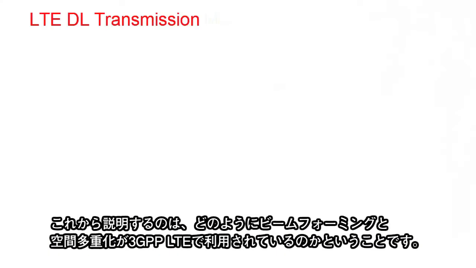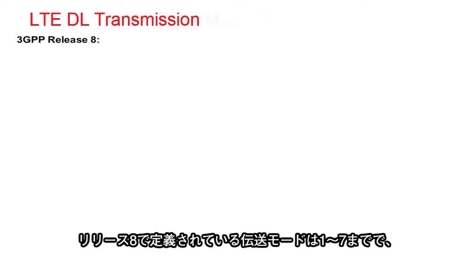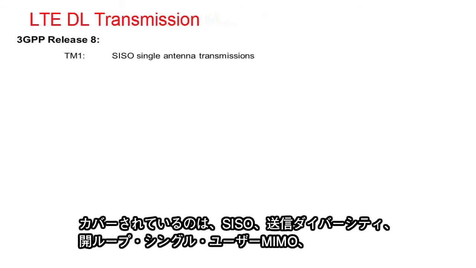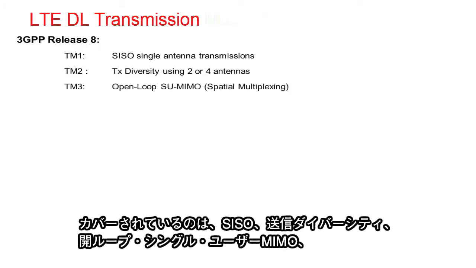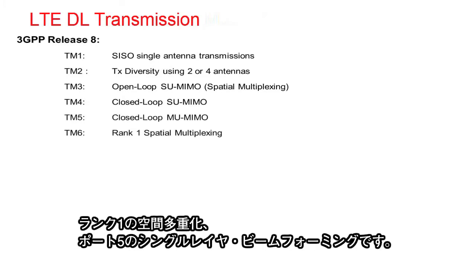Let's focus on how beamforming and spatial multiplexing are used within 3GPP LTE-A. LTE-A defines many downlink transmission modes, which we will only briefly summarize here. Release 8 defines transmission modes 1 through 7, covering SISO, transmit diversity, open-loop single-user MIMO, closed-loop single-user MIMO, closed-loop multi-user MIMO, rank 1 spatial multiplexing, and single-layer beamforming on port 5.